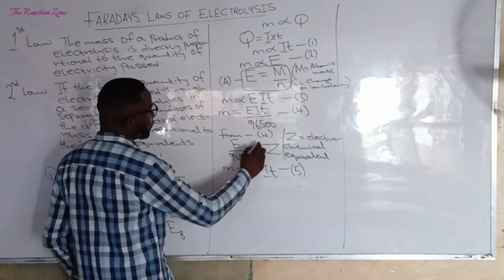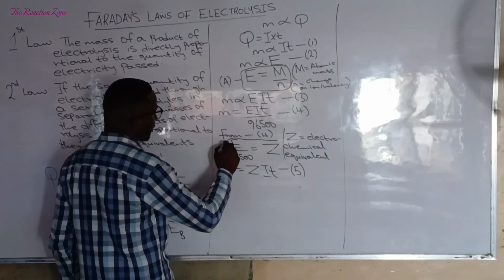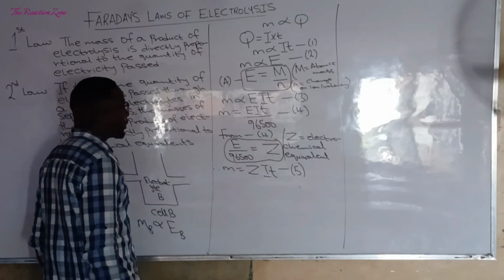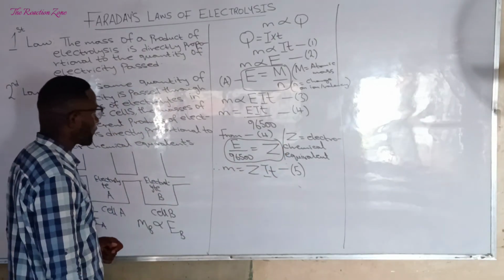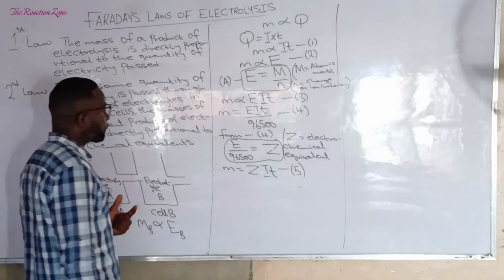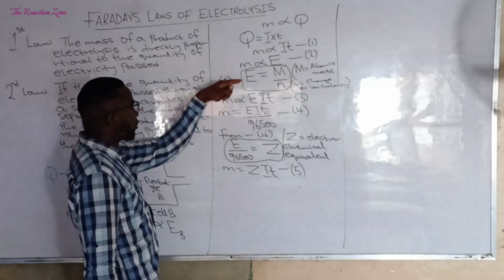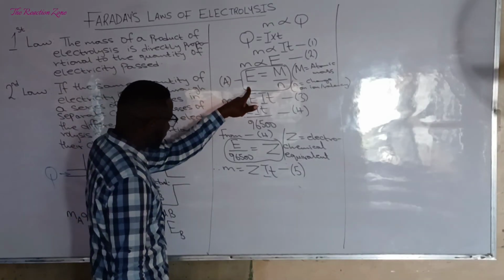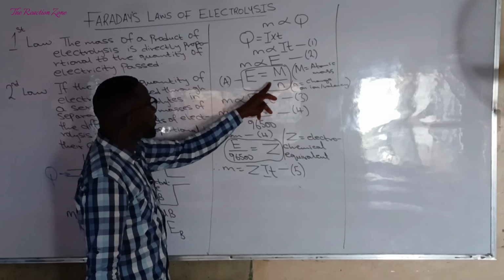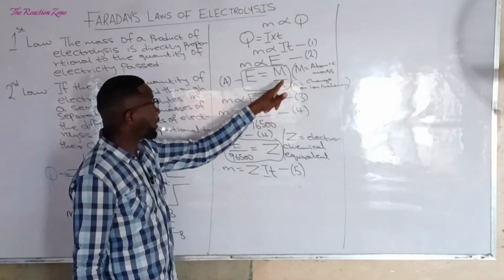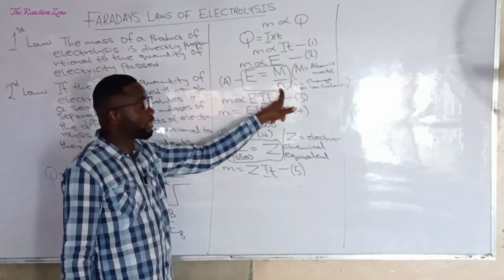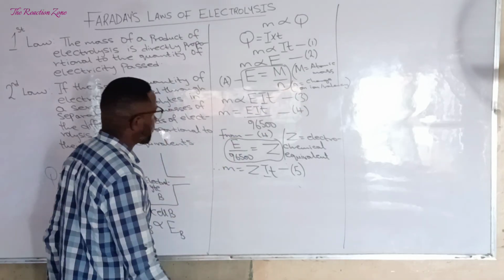Now, if you look at this particular expression here, where E over 96,500 is equal to Z. Let us not forget that when you look at equation A here, E is the same thing as M over N, where I said the capital M is atomic mass and N here stands for charge on ion or valence.